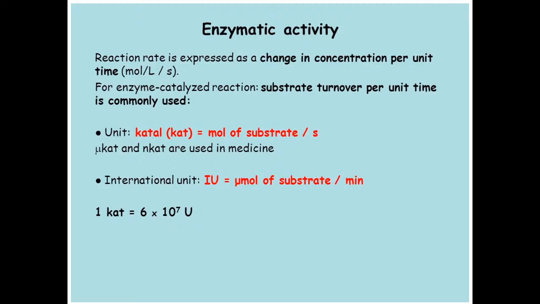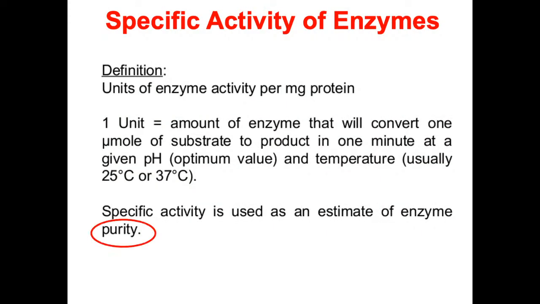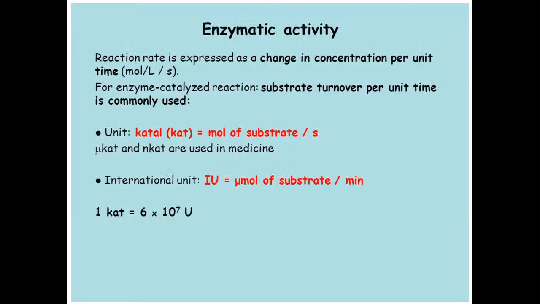So let's talk about these three definitions: enzyme activity, specific activity, and turnover number. For enzymatic activity, reaction rate is expressed as a change in concentration per unit time, that is mole per liter per second, and for enzyme-catalyzed reactions, substrate turnover per unit time is commonly used.